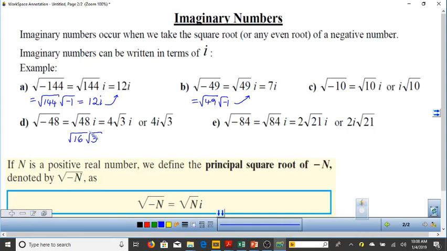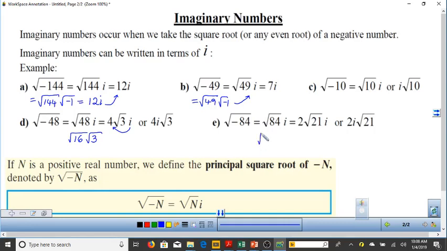So the square root of 48 is 4 square root 3. And of course, the negative under the square root gives us an i. And if we don't want the i to appear to be under the radical, you move the i to the front, before the radical.